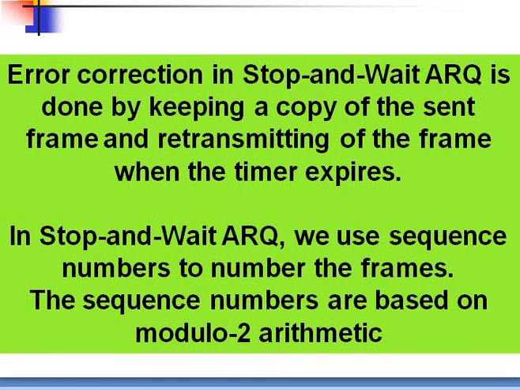So here, error correction in stop and wait ARQ is done by keeping a copy of the sent frame and retransmitting the frame when the timer expires. In stop and wait ARQ, we use sequence numbers for the frames, and sequence numbers are based on modulo-2 arithmetic.